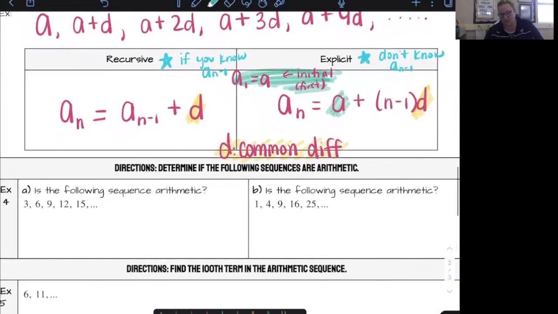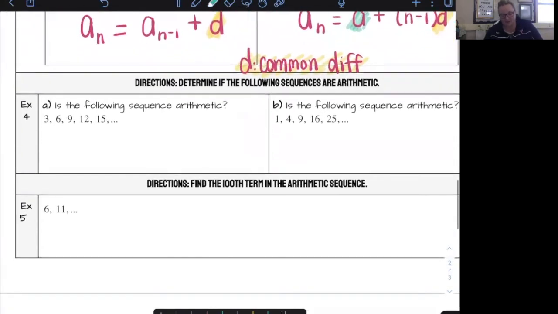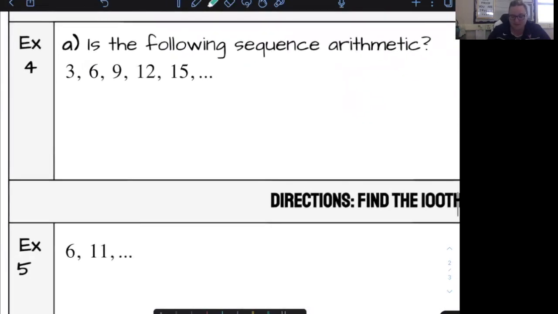So the first thing we're going to do in example 4 is determine, is the sequence arithmetic? So 3, 6, 9, 12, 15. To get from the first term to the second term, I would add 3. From 6 to 9, I would add 3. From 9 to 12, I would add 3. From 12 to 15, I would add 3.